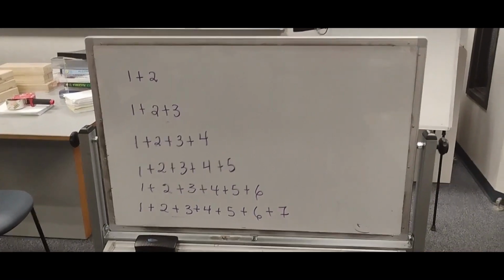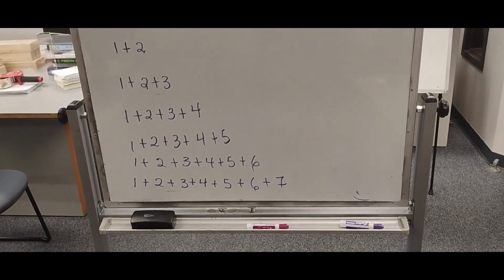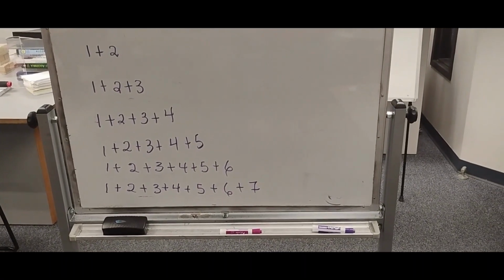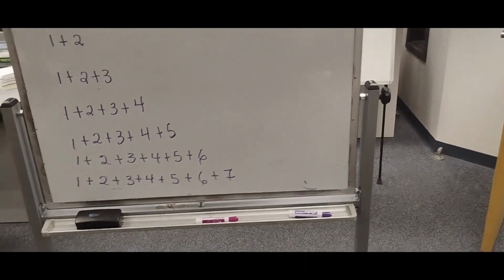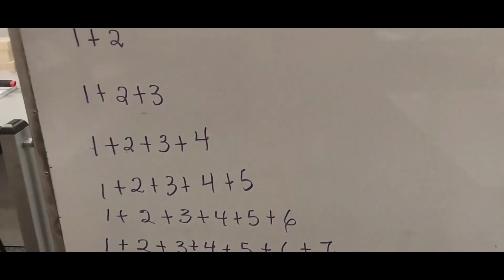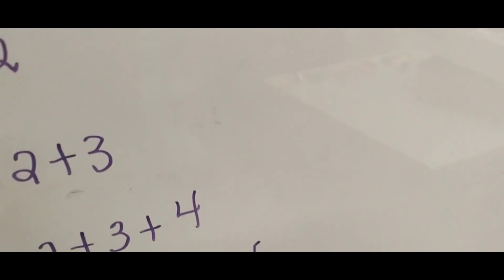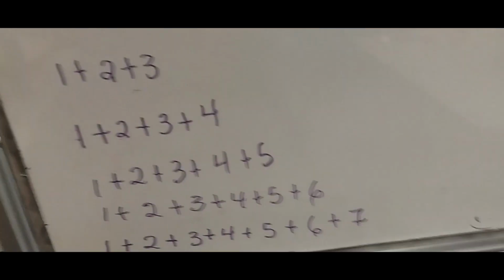And probably have talked in advance about what's an arithmetic sequence, what's a geometric sequence. In this case, the common thing being added, of course, is just 1 each time.